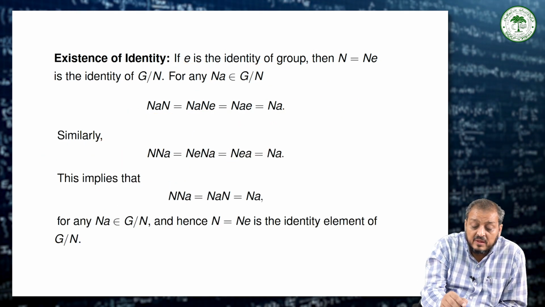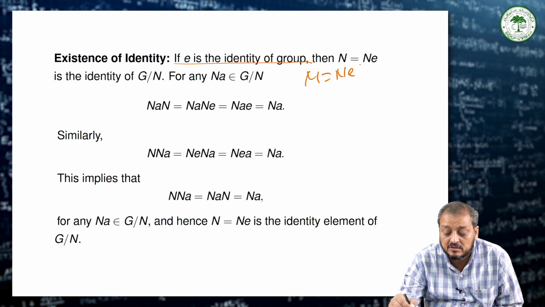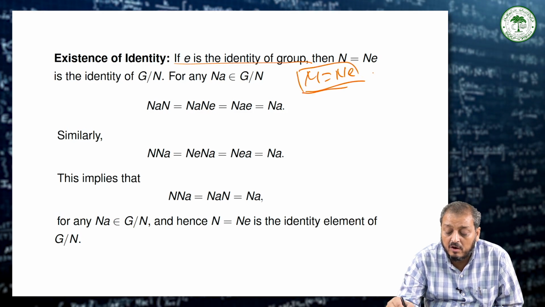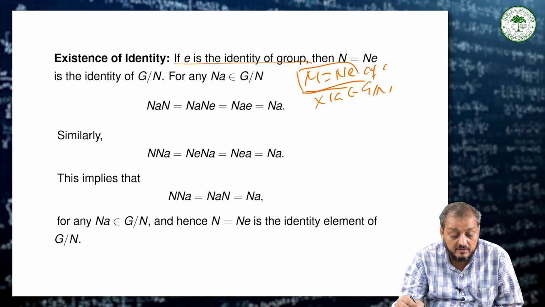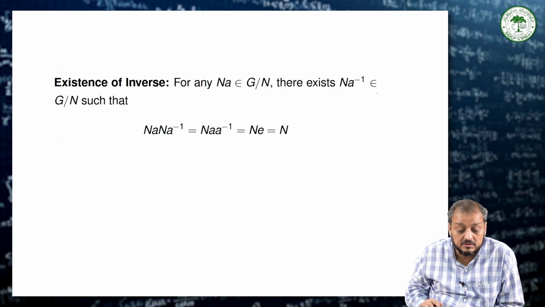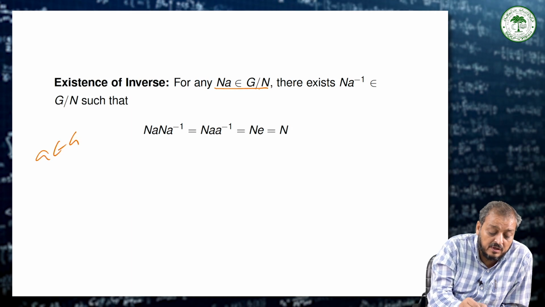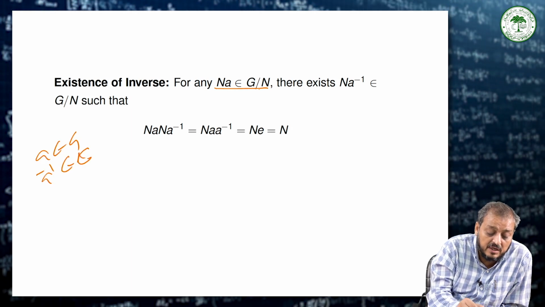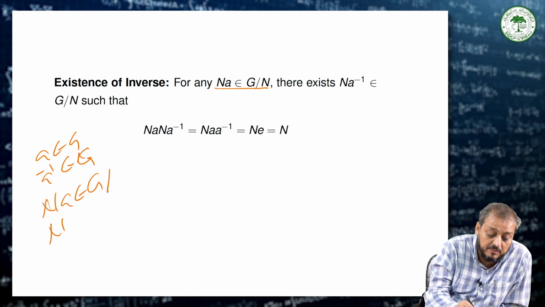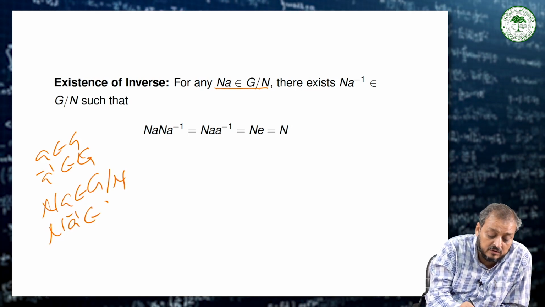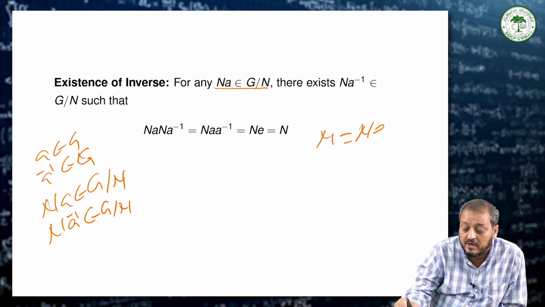So we take e as the identity element of this group, and N equal to Ne is the identity of G by N, and you have Na as an element of G by N. Then, a is an element of G, so a inverse is also an element of G. Then Na is an element of G by N, and N of a inverse is also an element of G by N, and you have to know that N equal to Ne is the identity in this case.